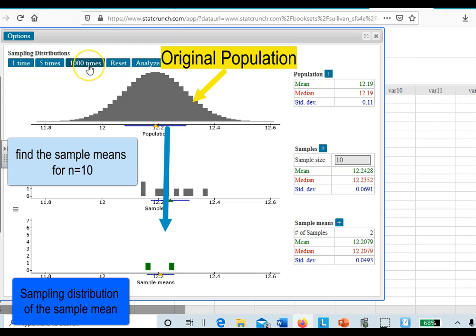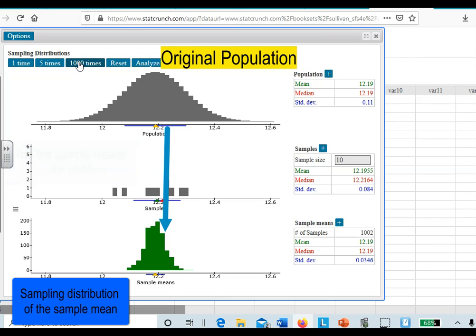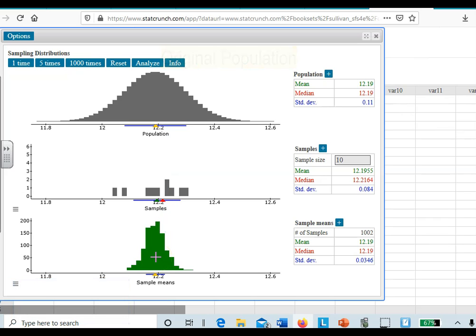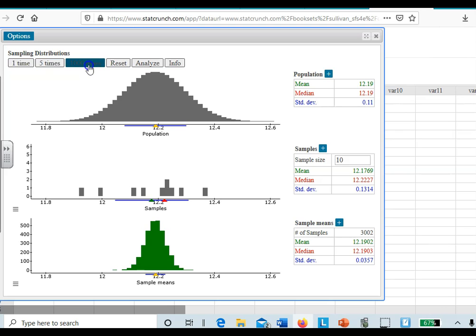So for example, up here, we could do 1,000 samples of size 10, okay? And this one, it doesn't do one at a time, thankfully. So it's not going to show you all 1,000 times that it creates a sample of size 10. But what we do see is how we create this new distribution of all sample means from samples of size 10. And we could do it again and again and again.